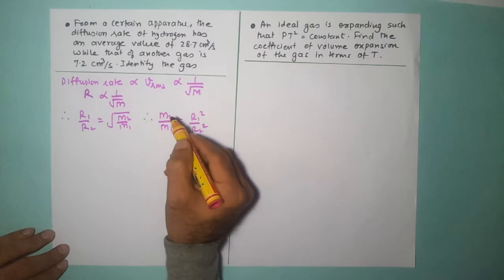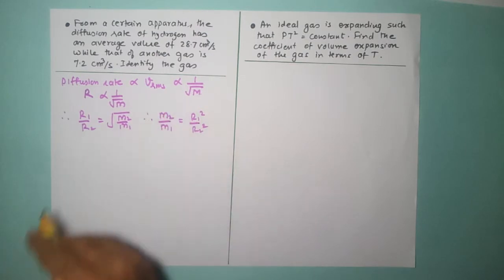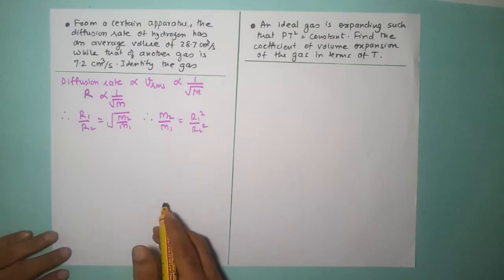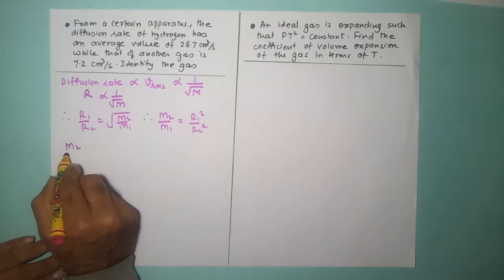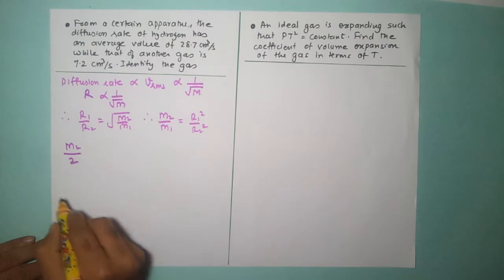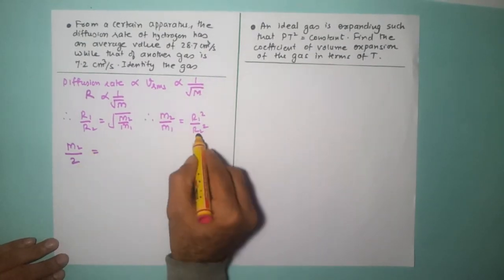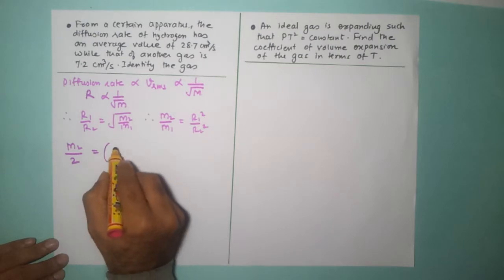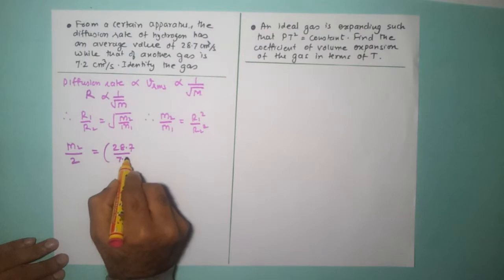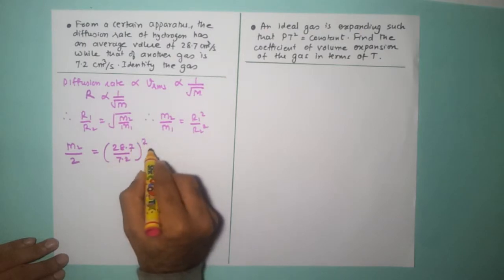Our object is to find M2, and from the molecular weight of the second gas we'll be able to get an idea about which gas it is. So M2 upon M1, M1 is 2 because we have hydrogen gas, molecular weight 2. R1 by R2 whole square, so I can write this as R1 is 28.7, whereas R2 is 7.2, whole square.